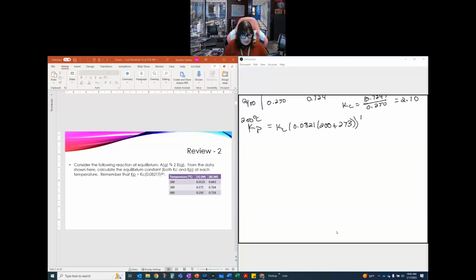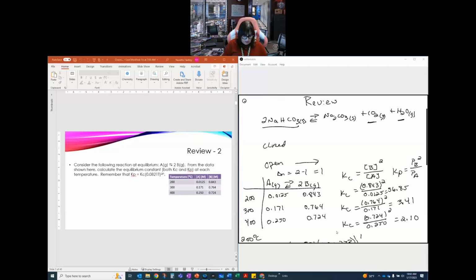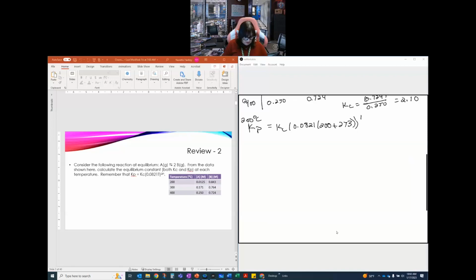I'm going to take my Kc, the first one that I calculated, 56.85. I'm going to multiply that times 0.0821, and multiply that by 200 plus 273. So 56.85 times 0.0821 times 200 plus 273.